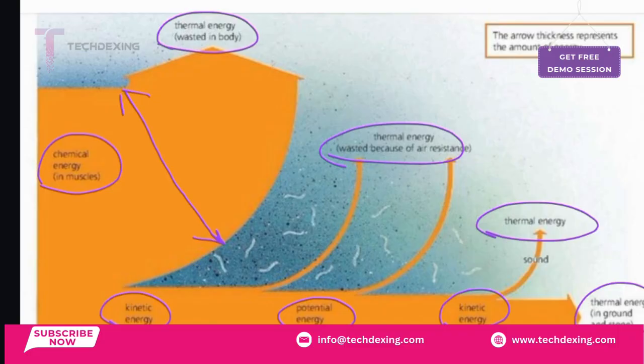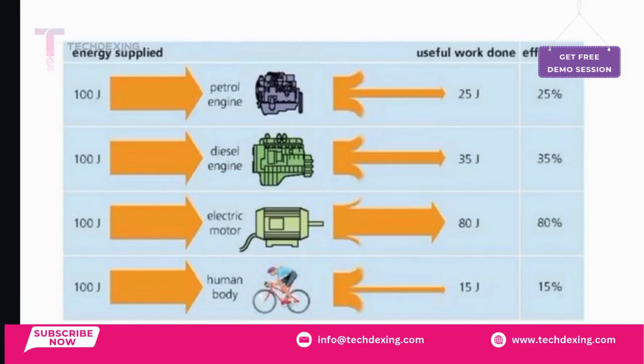So in the same way, if we apply this idea to various types of systems, move to the next slide. Here you can see different types of engines or machineries are given, and it is discussed how much energy can be converted by every machine.